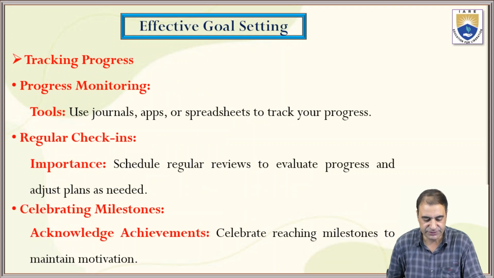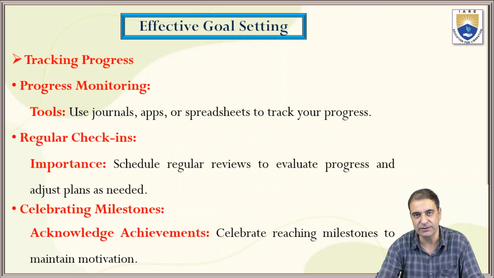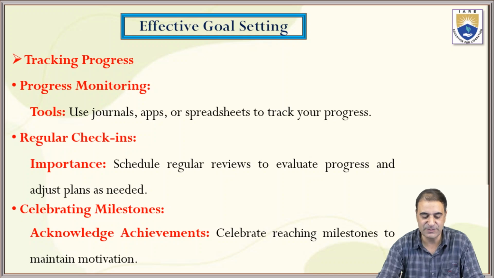And the next important point is tracking progress. How can we track this progress, and how important is it? Progress monitoring. We have different progress monitoring tools. Use journals, apps, or spreadsheets to track your progress.